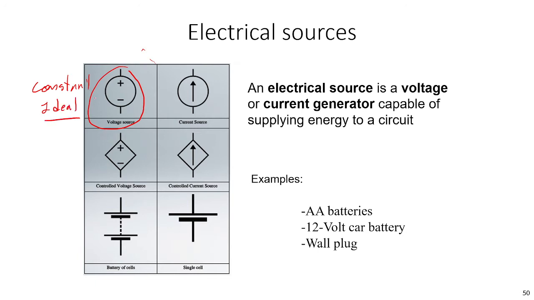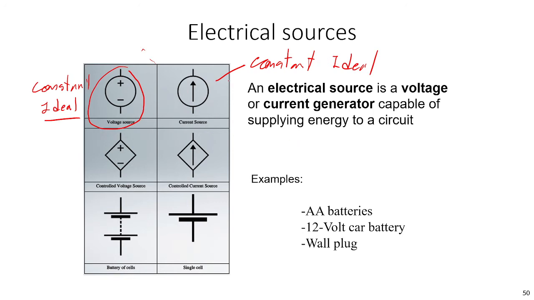It means the voltage is always constant. But in practice, the voltage may be just near constant, not exactly constant, but ideally it's constant. So we have the current source, or constant current source, the ideal current source.